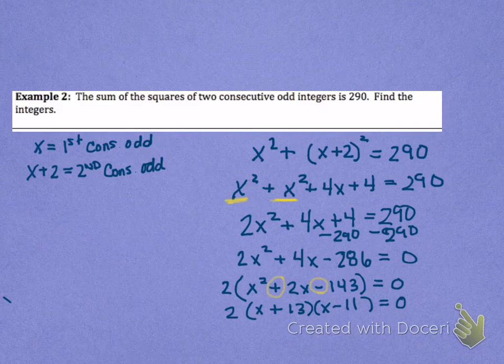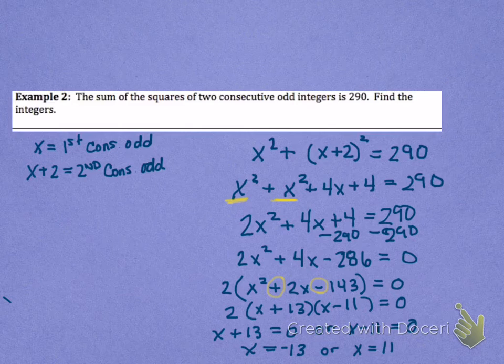Now, again, in this situation, obviously 2 cannot equal 0, so that gets eliminated. So I have x plus 13 is equal to 0, or x minus 11 is equal to 0. And so x is either negative 13 or x is equal to a positive 11. And those, because it's just consecutive odd integers, both those possibilities are true.